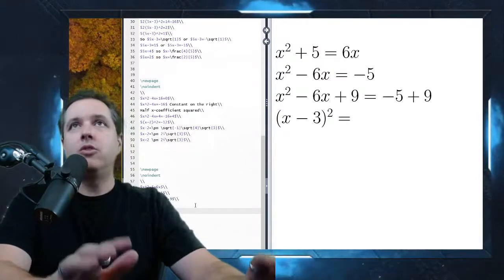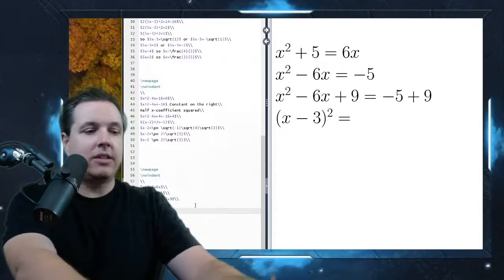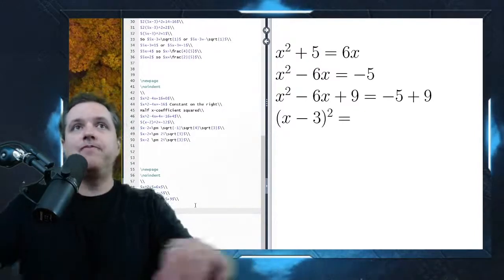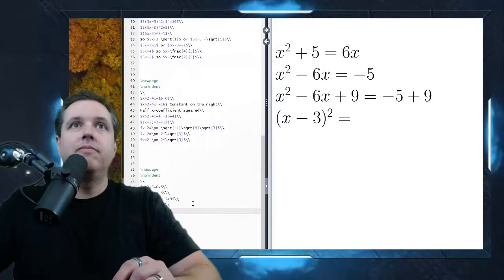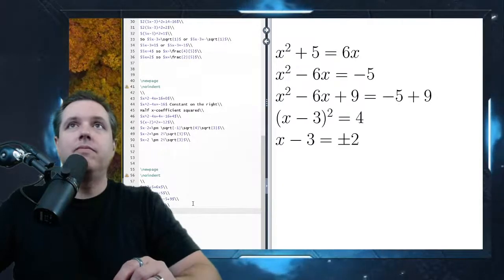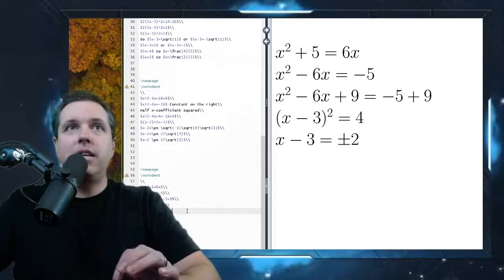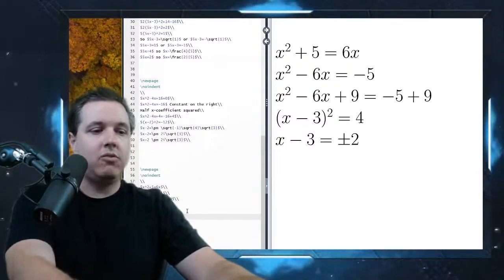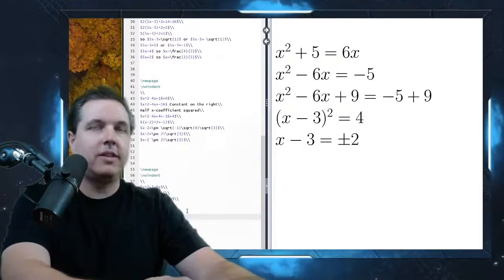Okay, so using the square root property, I get that x minus 3 is equal to plus or minus 2. Adding 3 to both sides, I get x equals 3 plus or minus 2.